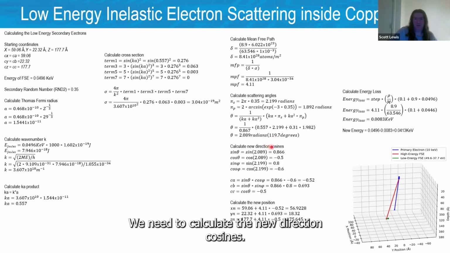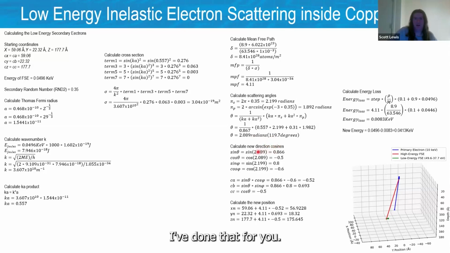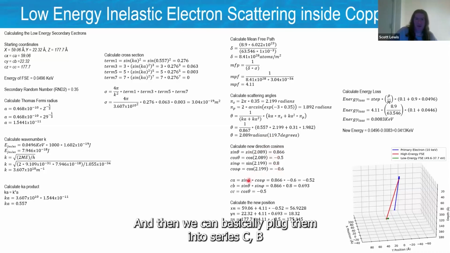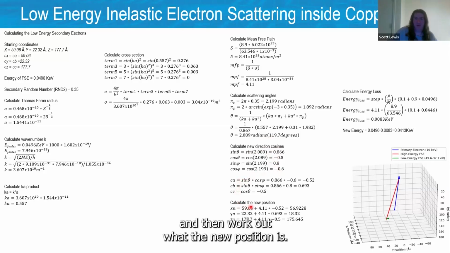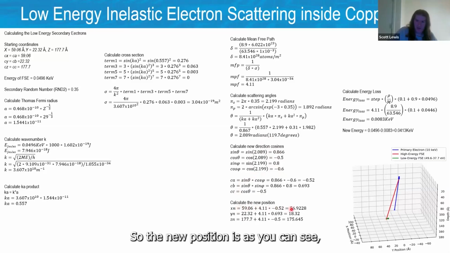We need to calculate the new direction cosines, and I've done that for you. And here we are, so we can work out what they are, and then we can plug them into CA, CB, and then work out what the new position is. As you can see, it's not a lot in it. It's very small.